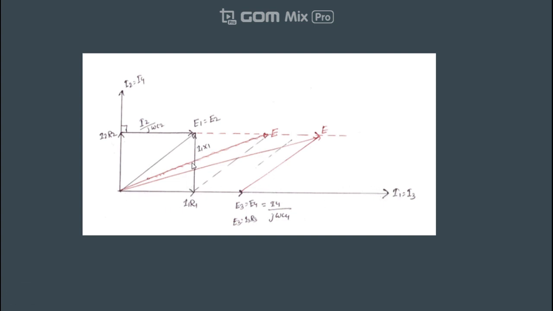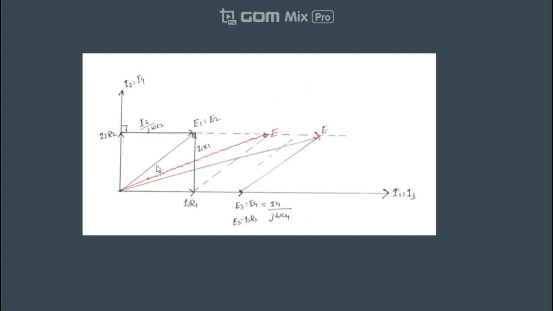So these two vectors are the voltage drops across arm AB, and the sum of these two vectors should be equal to E1. So that's what we're getting over here. The sum of these two vectors is E1.